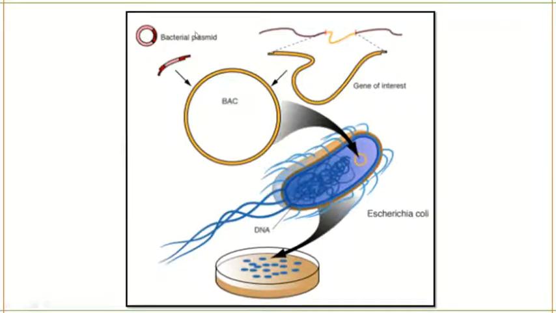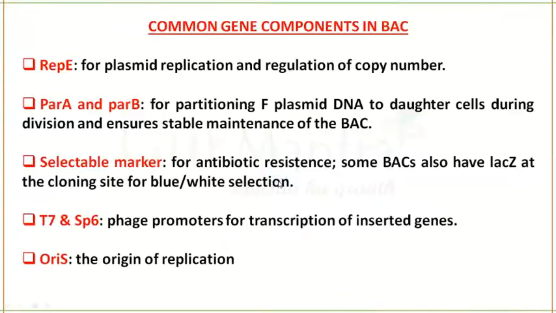You can see here the bacterial plasmid and the gene of interest. This is the bacterial artificial chromosome inserted into an E. coli, and from E. coli you can clone and obtain the segments of DNA.